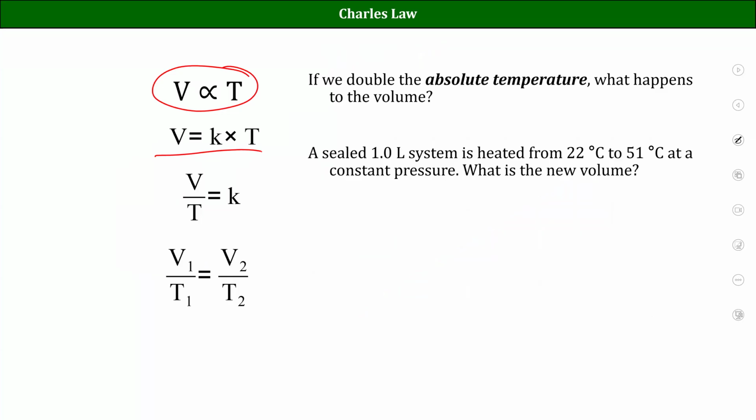In other words, it's a straight line with no y-intercept. If you think about this as y equals mx plus b, the regular form of a straight line, y is volume, k is the slope, x is temperature, and b is 0 because it goes through the origin.